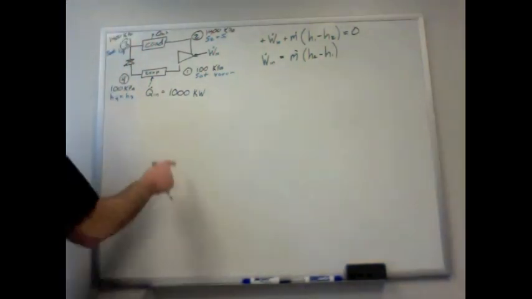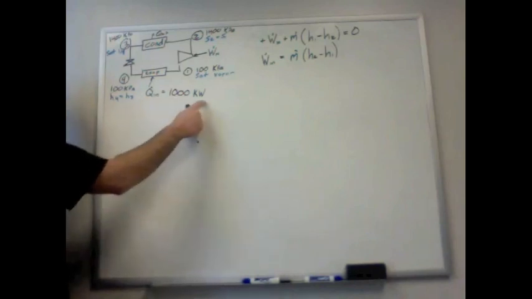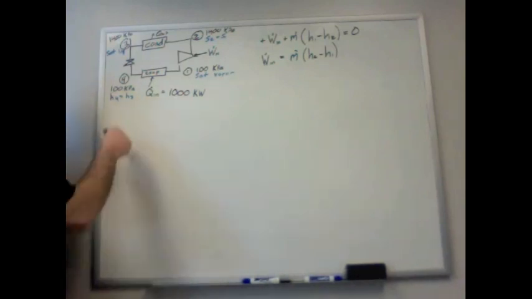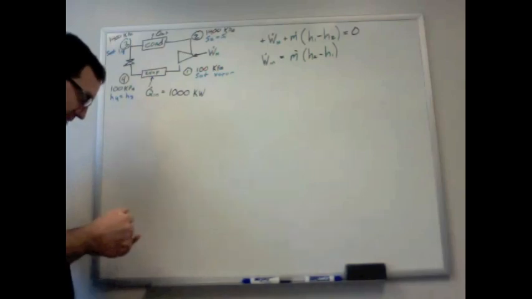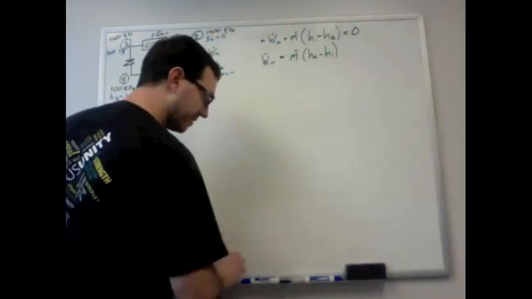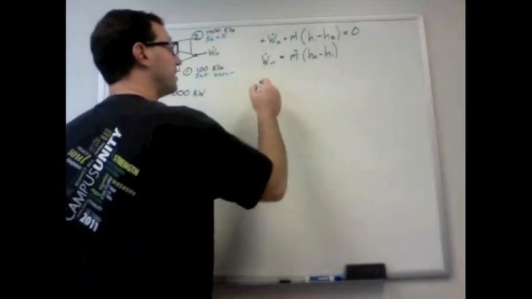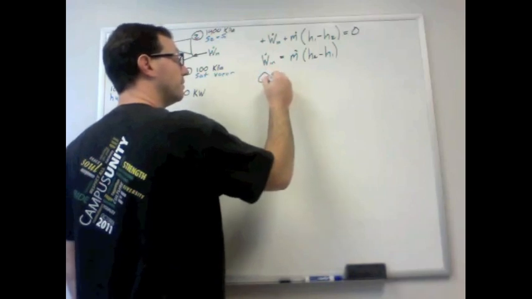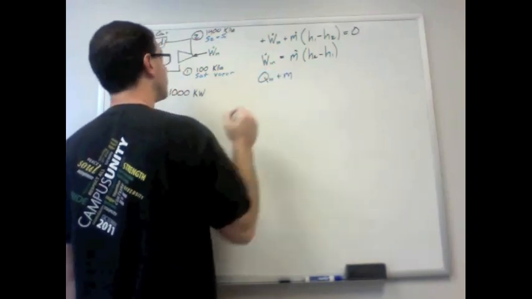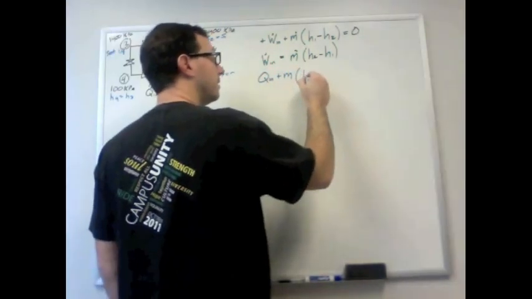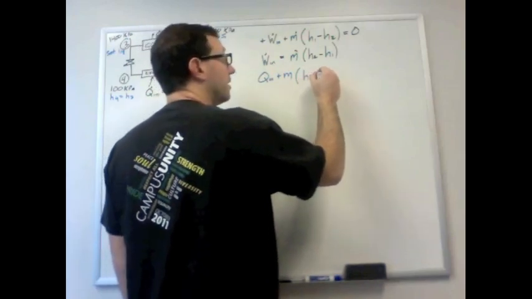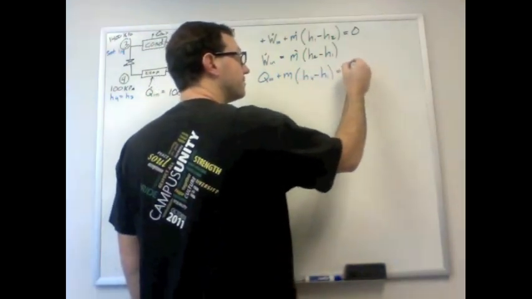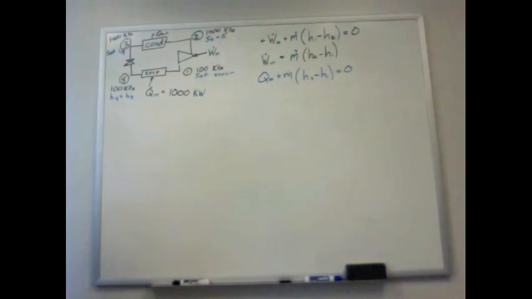In this case, the thing that's going to fix the mass flow rate is this 1000 kilowatts. So if we were to write an energy balance on the evaporator, I'll do that energy balance in blue, we would get Qin plus the mass flow rate times H4 minus H1 equals 0.